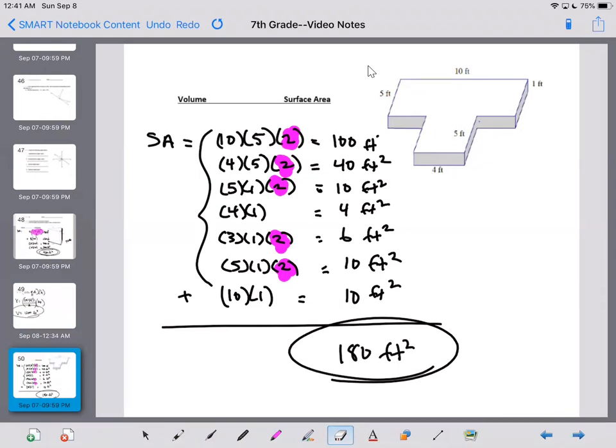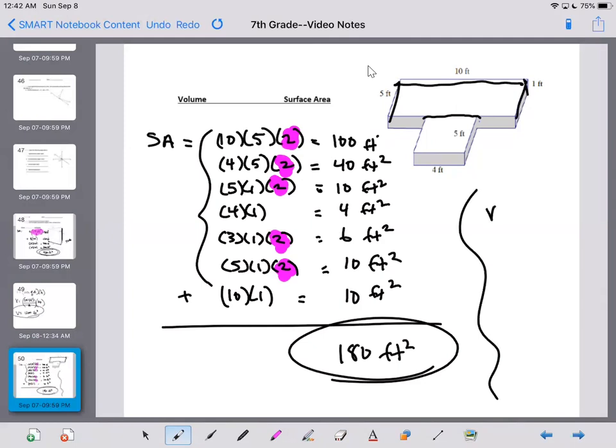Now when you're talking about the volume, we've got 2 volumes we can look at. So we can split it up right here. And so we have a 5 by 10 by 1. So I'm going to come over here. And so that volume would be 5 by 10 by 1 for volume 1. This would be volume 2. So volume 1 would be our 50 cubic feet.